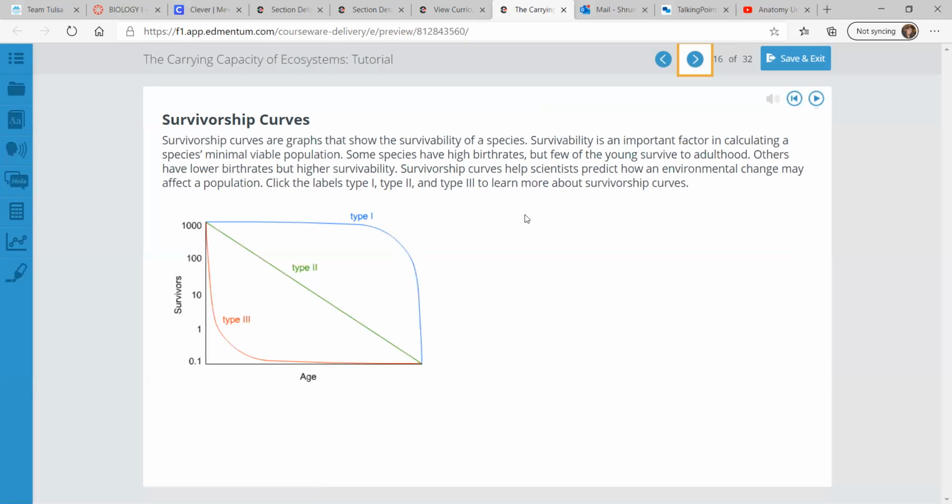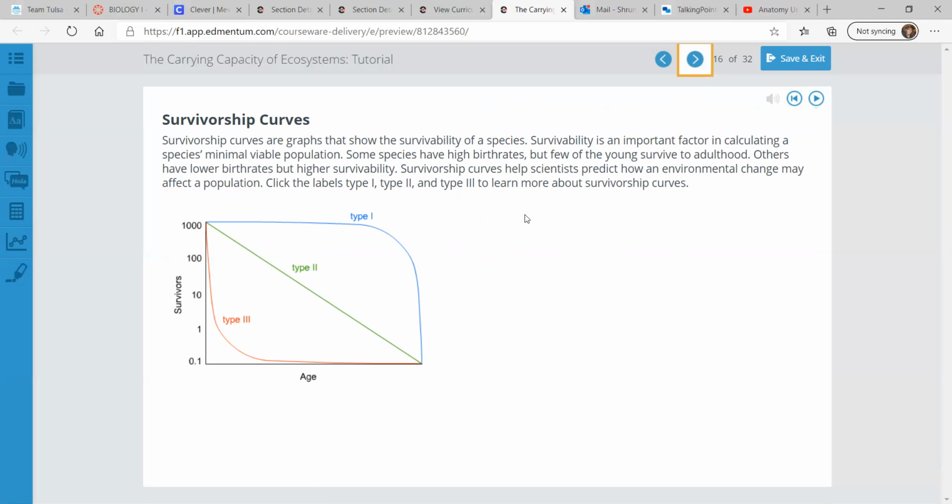Now, here we're looking at survivorship curves. These are graphs that show the survivability of a species. Survivability is an important factor in calculating a species' minimal viable population. Some species have high birth rates, but few of the young survive to adulthood.